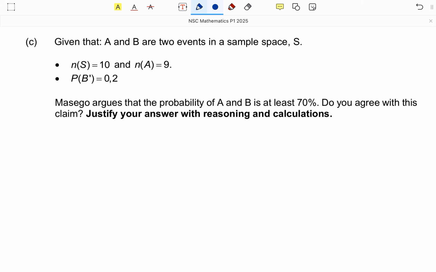So the first thing that comes to mind is our probability rule. We've got the probability of A or B equals the probability of A plus the probability of B minus the probability of A and B. So we need a few things.